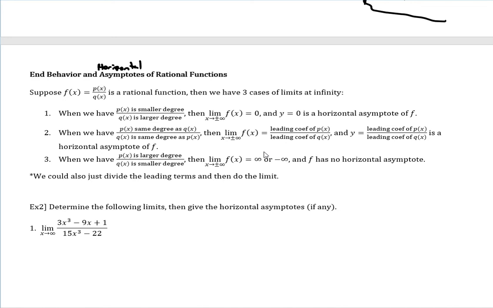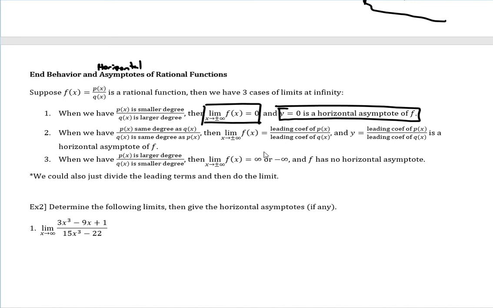So when we have p of x over q of x, so a smaller degree over a larger degree in this case, our limit as x goes to either positive or negative infinity is just 0. Okay, so this larger degree down below makes the limit go to 0. And then instantly we have y equals 0 is a horizontal asymptote.